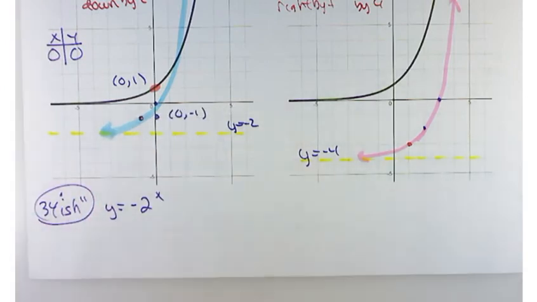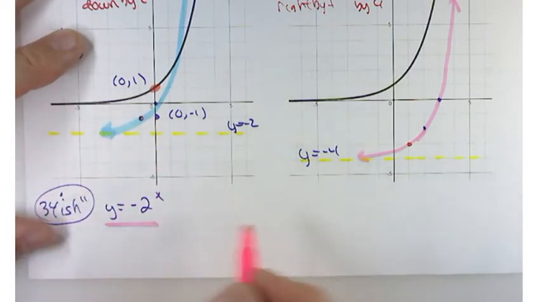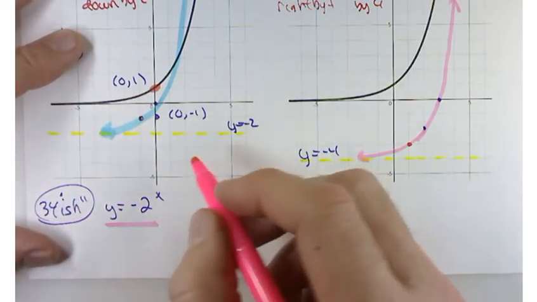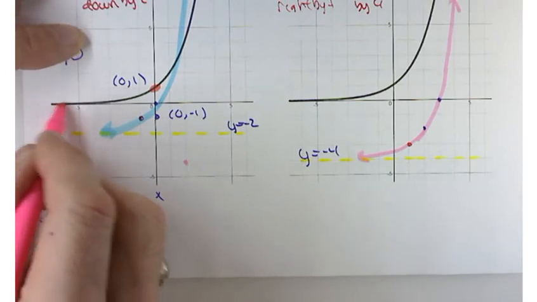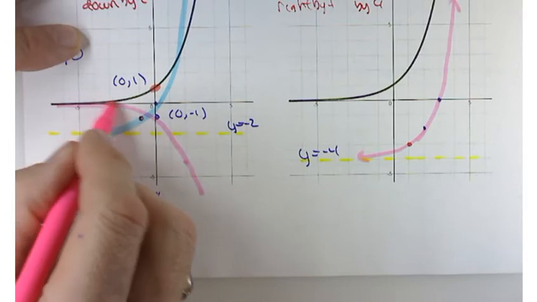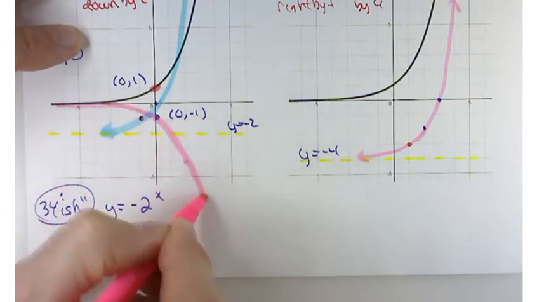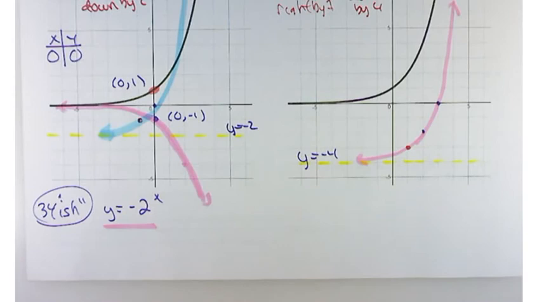Thank you. So that's going to be your graph. Let's put that one in pink here. Maybe I'll give myself one more point to shoot for. So something about like that. But it's just going to be a mirror image. This one's going to open down.